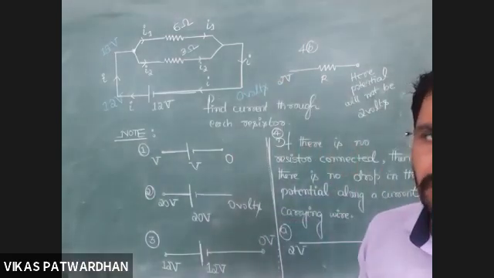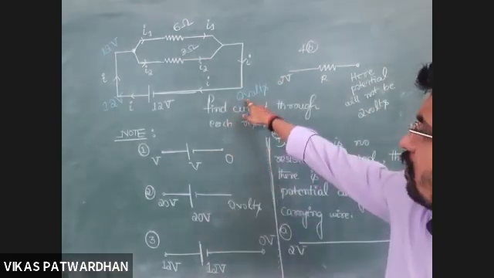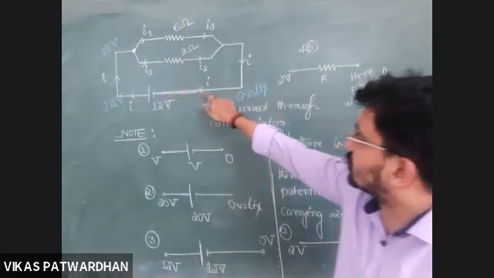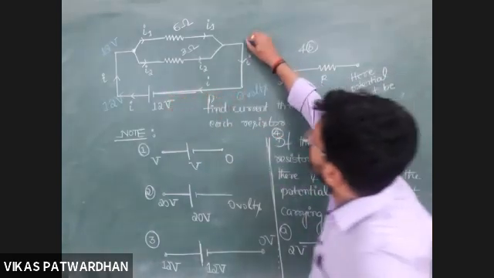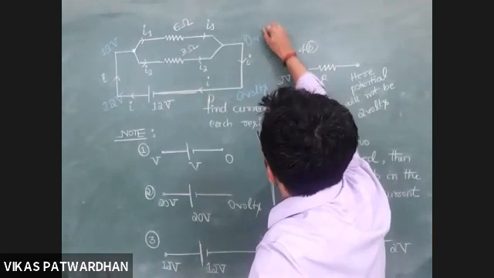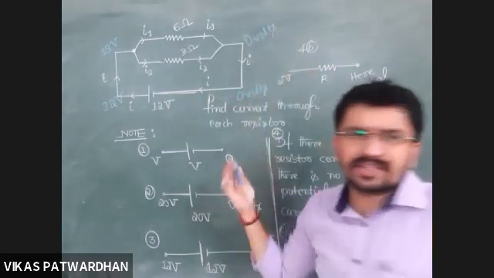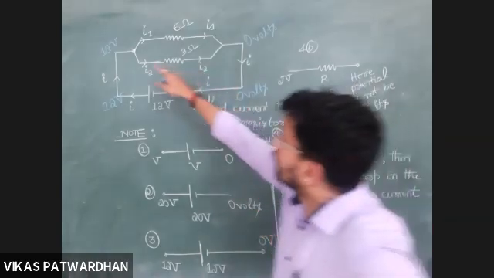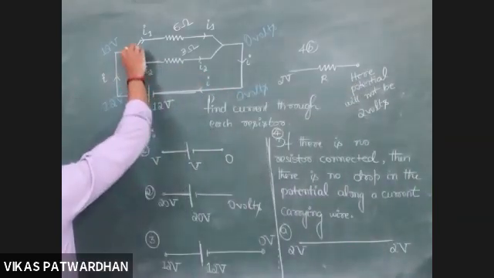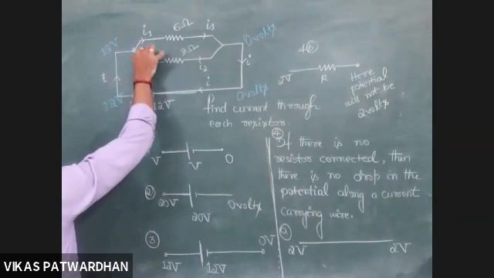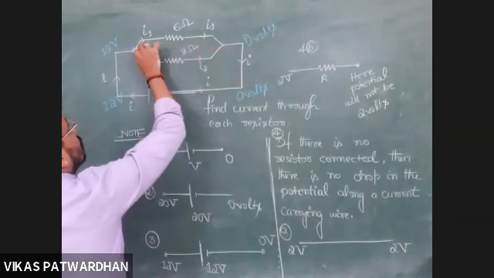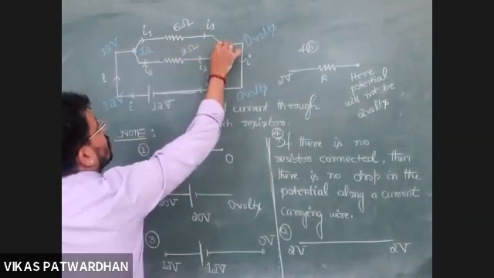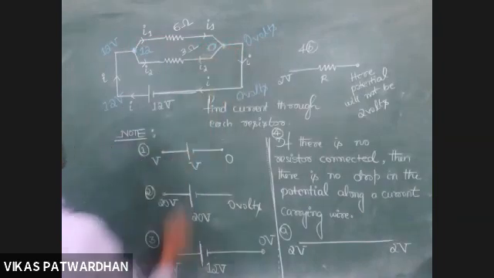Same idea, obviously there is no resistor anywhere here. Here again it is 0 volts. Same idea, no resistor. Is that clear? Where it is 12, here again it is 12. Where it is 0, here again it is 0.